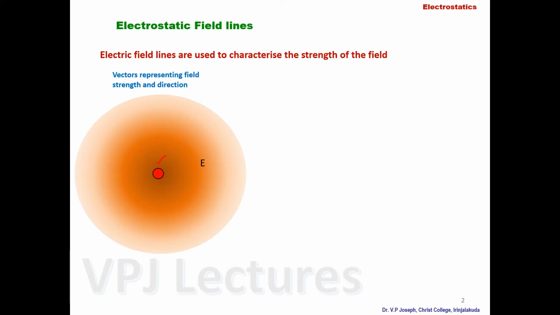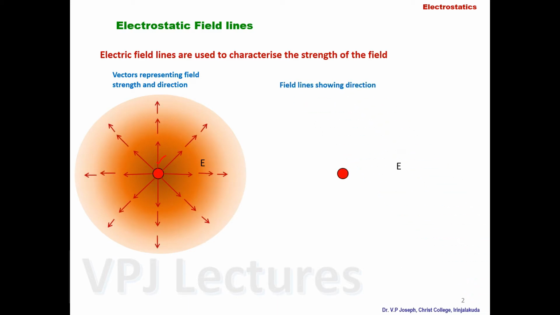In order to represent the strength of the field, we are using some representative vectors, and these representative vectors transform into field lines, and the vectors may be drawn like this.